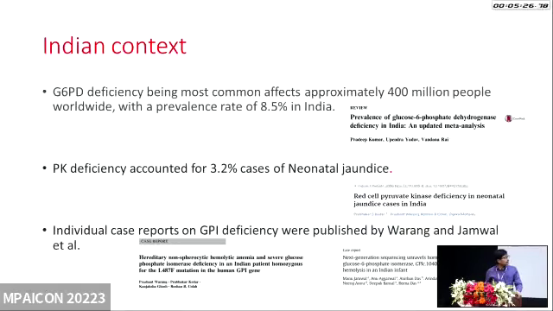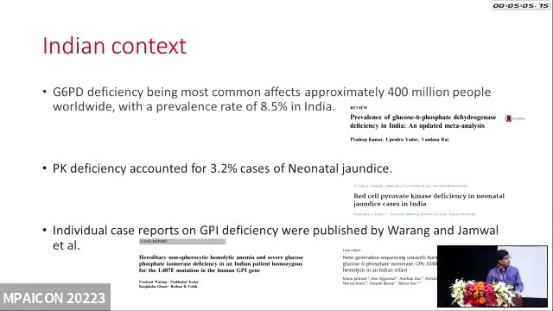So what is the Indian context in case of enzymopathies? In India, G6PD deficiency has a prevalence of 8.5%, and pyruvate kinase deficiency was seen in 3.2% of neonatal jaundice in one study.